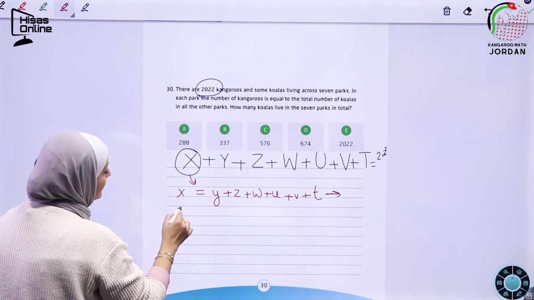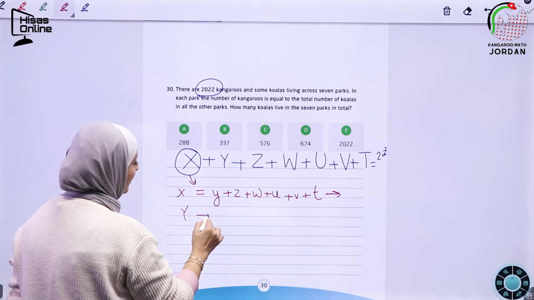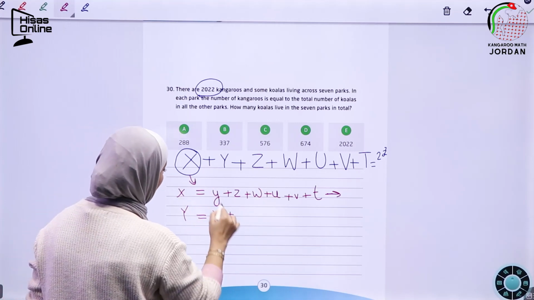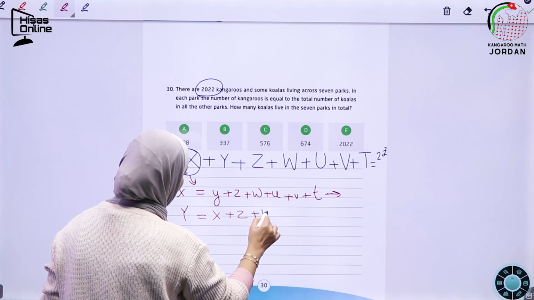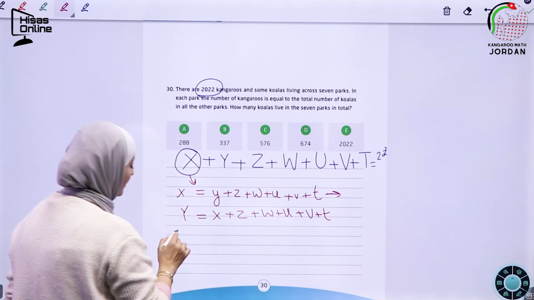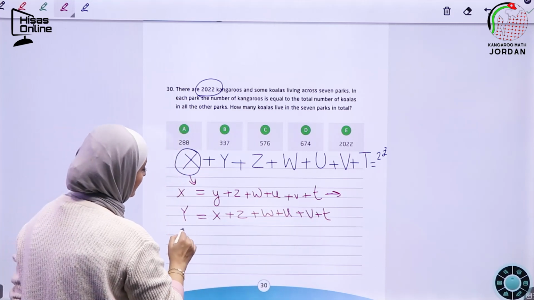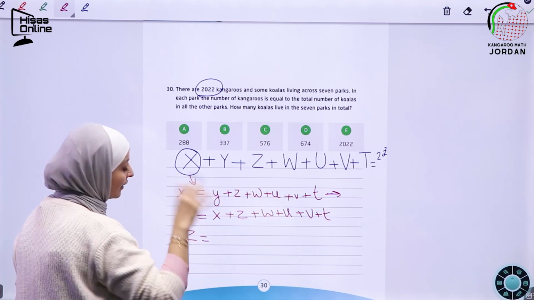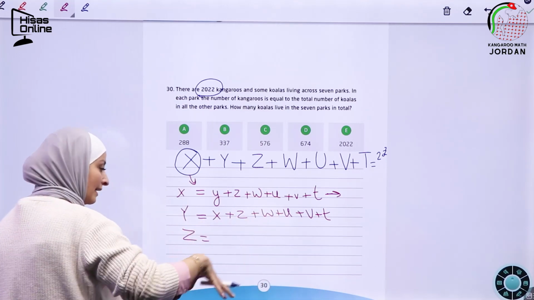And let's see Y. Same thing, but in this case, we will cross out the Y. So it is everything but not the Y. You know what I'm doing? Okay, X plus capital Z. We will take out the Y because I don't count the koalas in the same region.